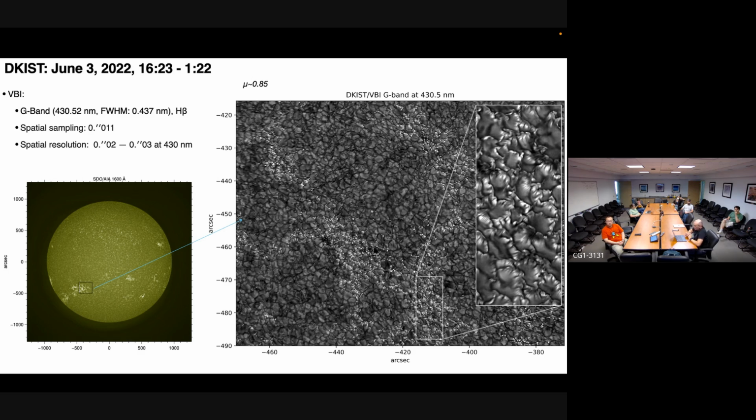The spatial resolution of these observations is 0.02 to 0.03 arcseconds, which is basically the resolution limit of DKIST at 430 nanometers. The target was a large plage region at the southeast side of the Sun, and the mu, the cosine of the heliocentric angle, of these observations is 0.85.